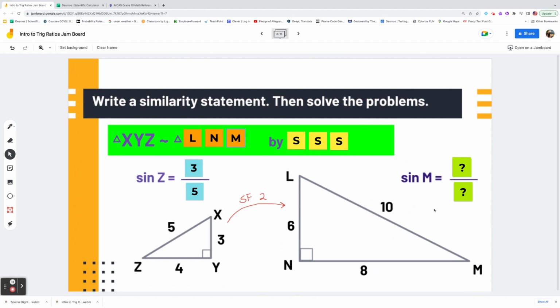Here's angle M, opposite over hypotenuse, 6/10. Does 6/10 simplify? It sure does. I can divide both numbers by 2, and I get 3/5. So this tells me that the sine of corresponding angles in similar triangles are also equal. So the sine of Z and the sine of M are equal.